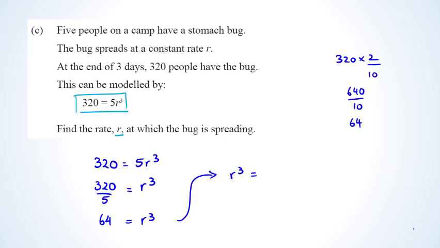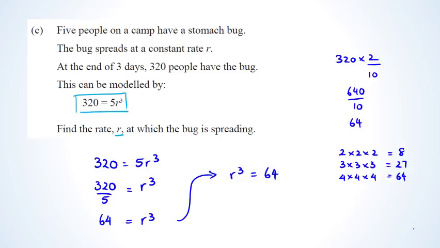Now, because r cubed equals 64, you're looking for a number that's multiplied by itself three times to get to 64. And you can do guess and check if you really wanted to. You can go 2 times 2 times 2. Well, that's 8. I'm not looking for that. 3 times 3 times 3. That's 27. Not looking for that. 4 times 4 times 4. And that looks like 64.